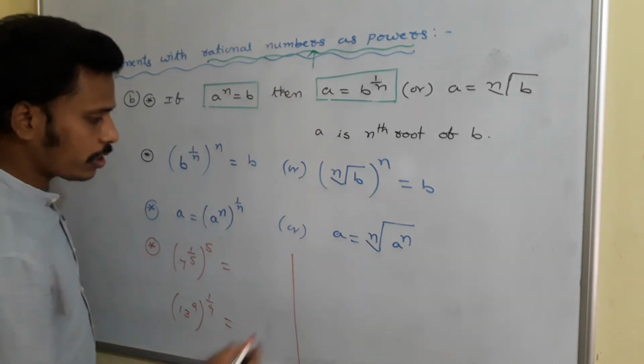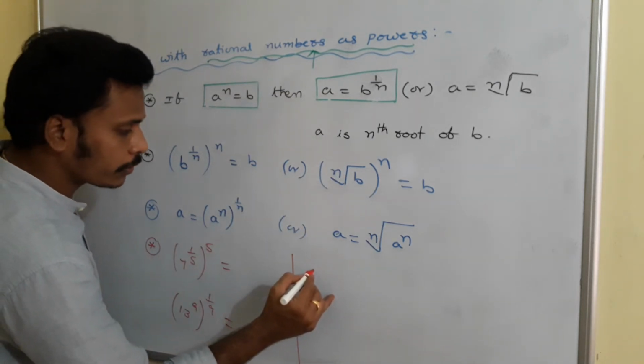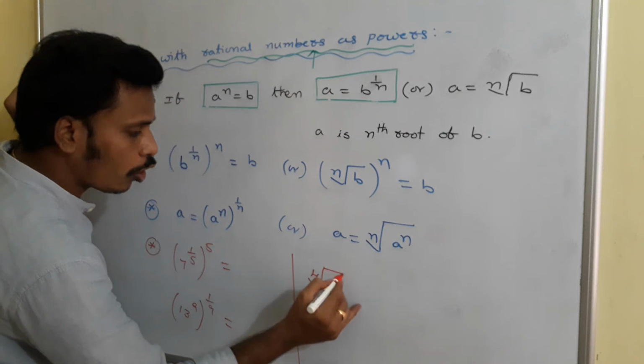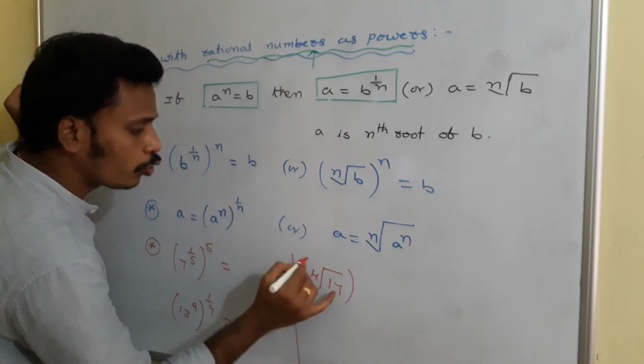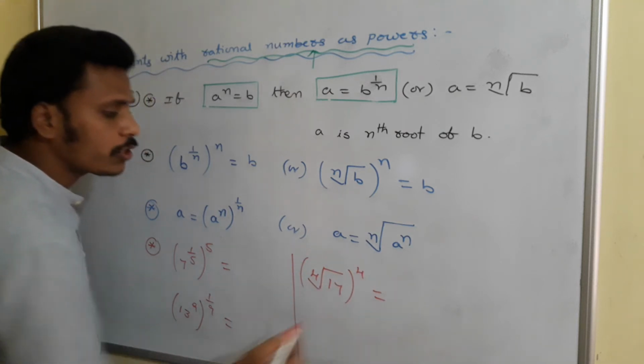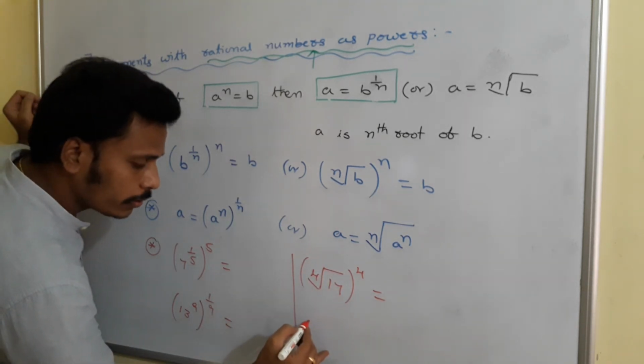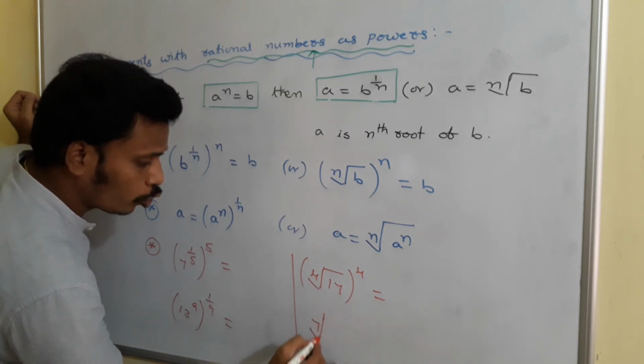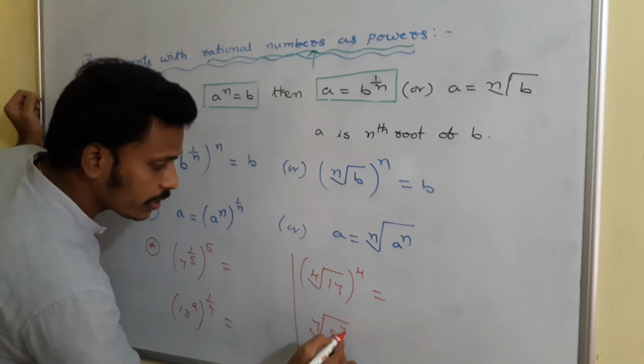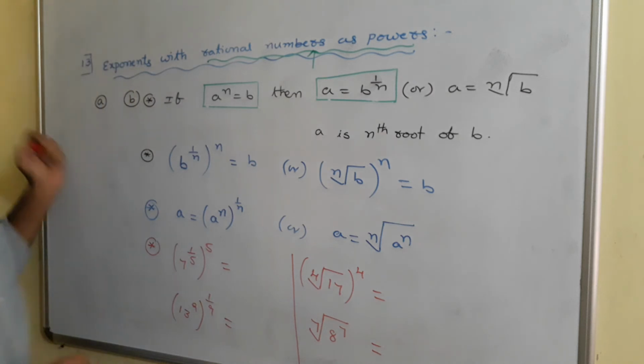Or using these logics, something like the 4th root of 17 to the power 4, what is your answer? And another thing, the 7th root of 8 power 7, then what is your answer? Just try to answer these simple things according to those laws.